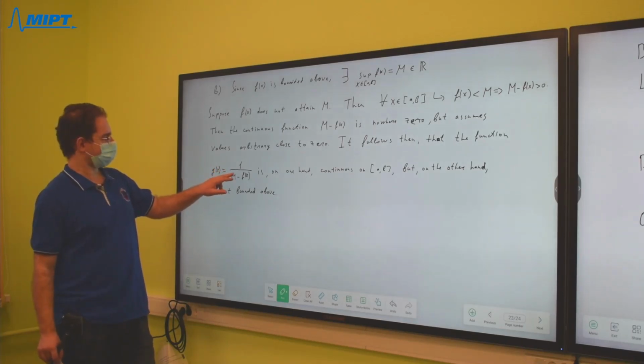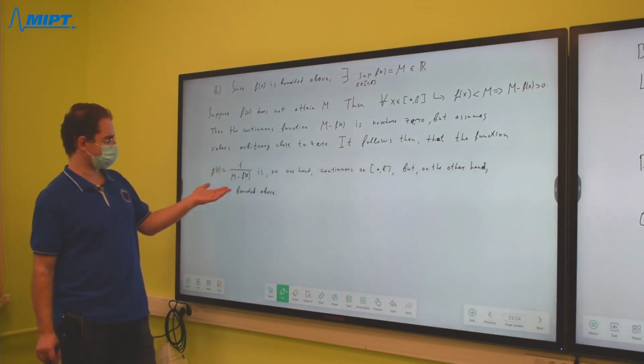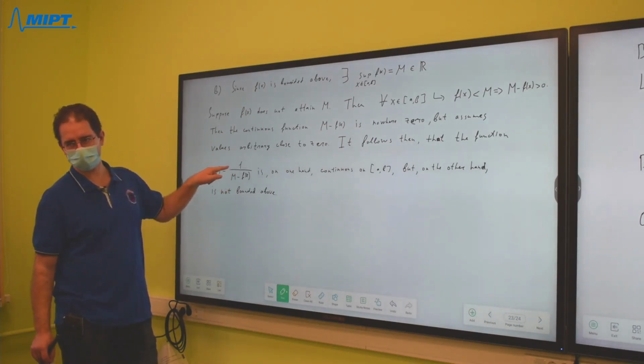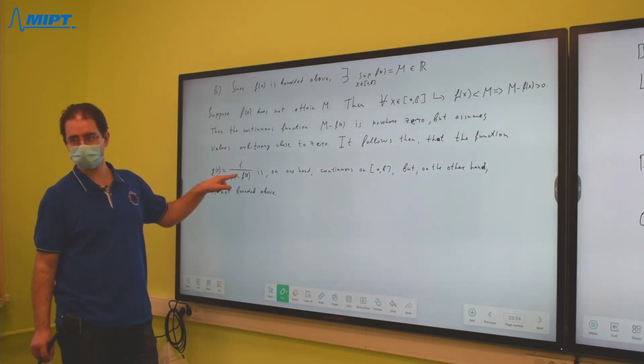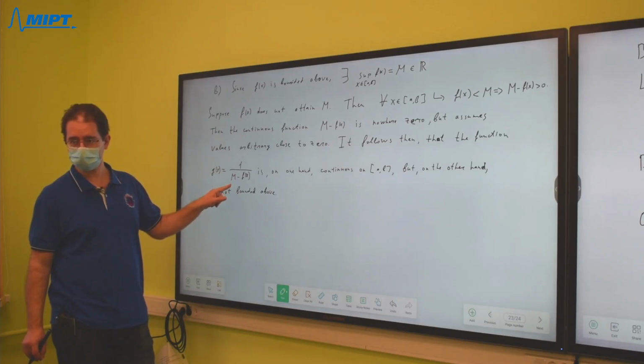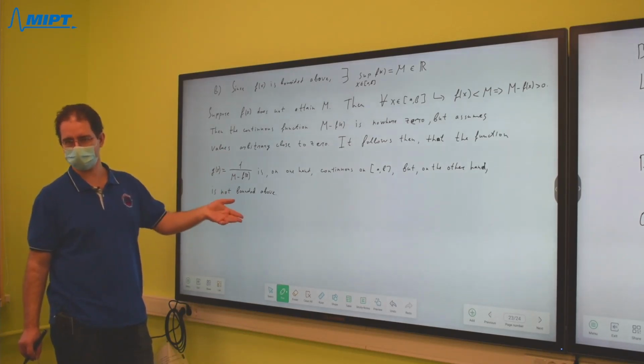And by the same reason, since both functions in the numerator and denominator are continuous and the denominator doesn't tend to 0, this function is continuous, just following from the properties of limits.